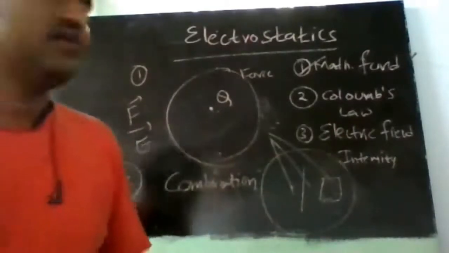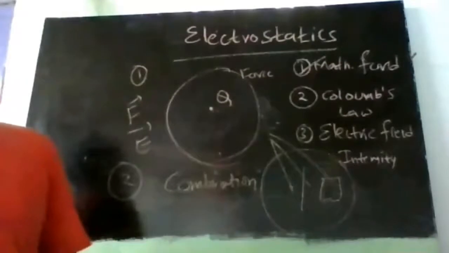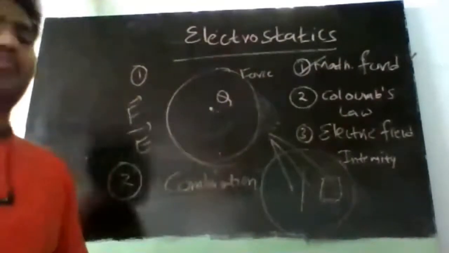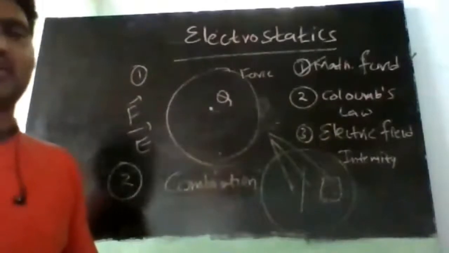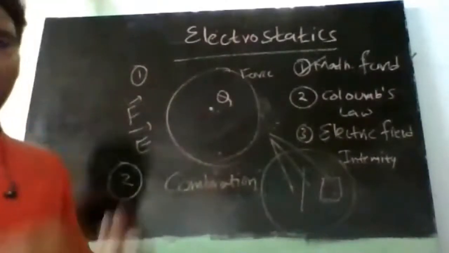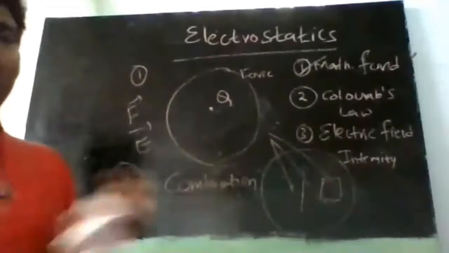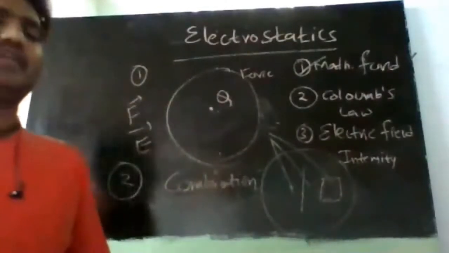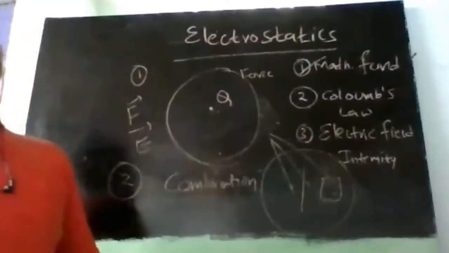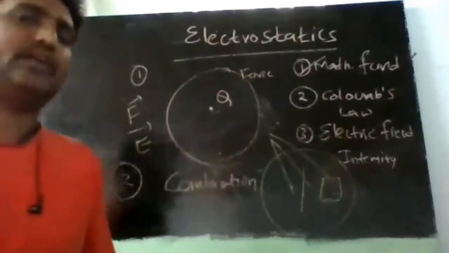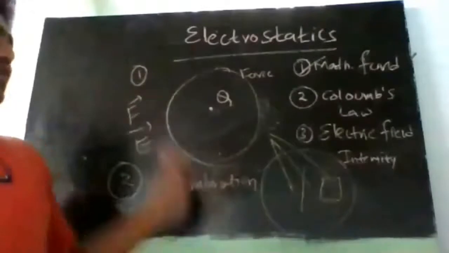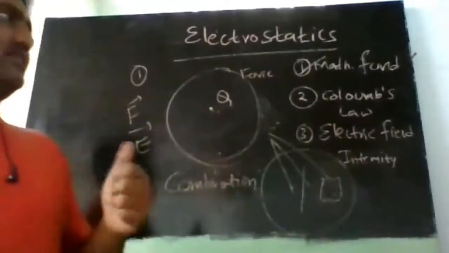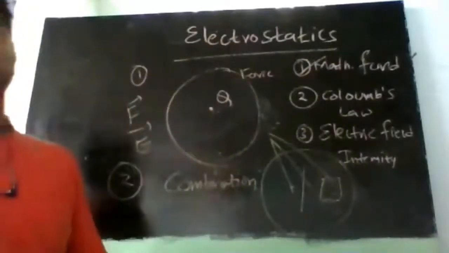The second point is that whenever there is a combination of different charges, like a point charge, a line charge, a surface charge, all present together as a combination, then in such cases it is not possible to calculate the electric field intensity accurately. There Coulomb's law fails. So in such cases, how do we calculate electric field intensity?